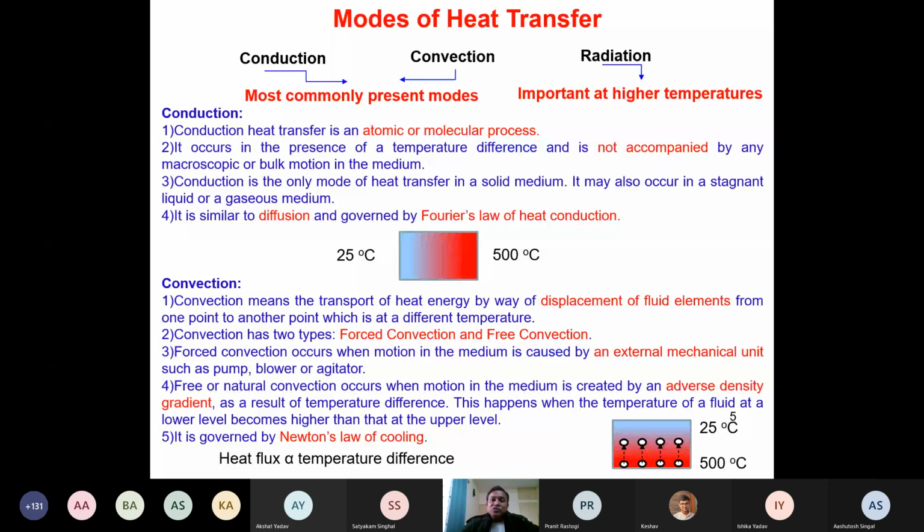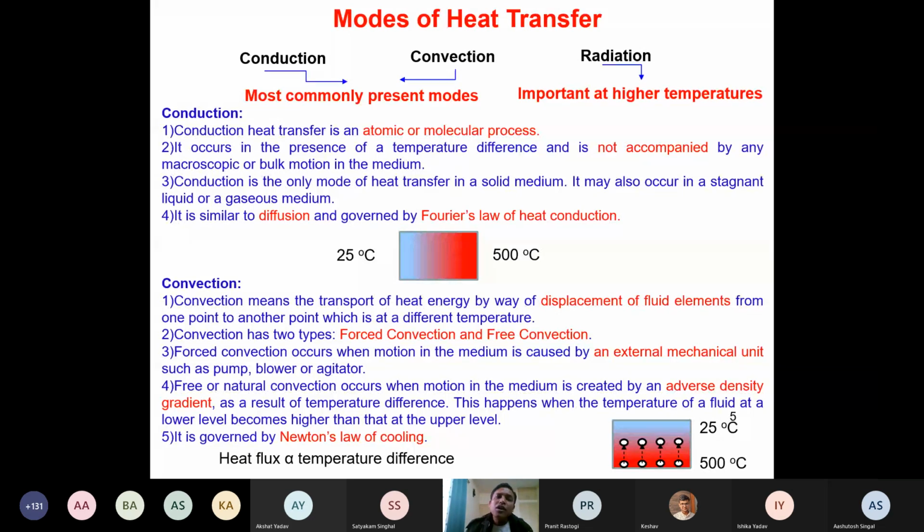So this is very important. Conduction is the mode of heat transfer without any macroscopic or bulk motion in the medium. Only microscopic movement of electrons or vibration of the lattice takes place in conduction.